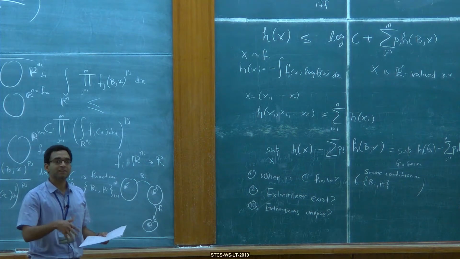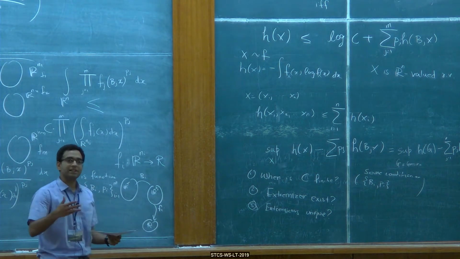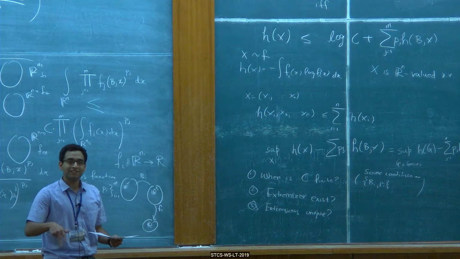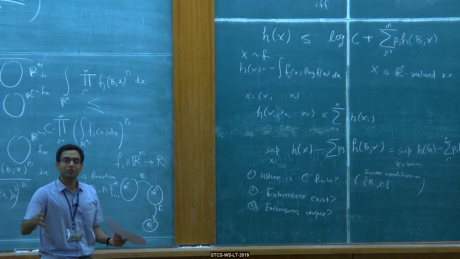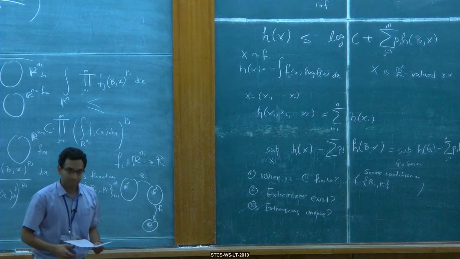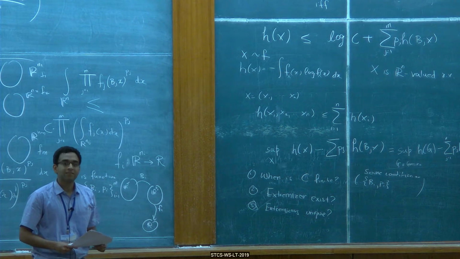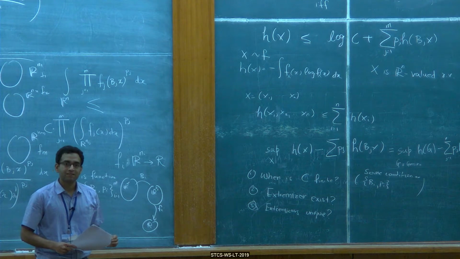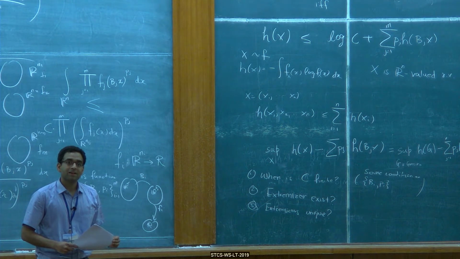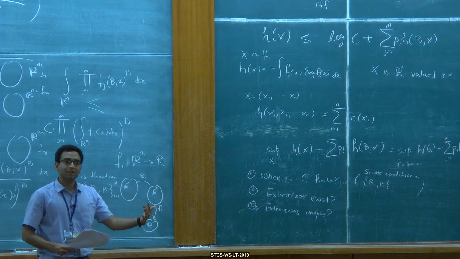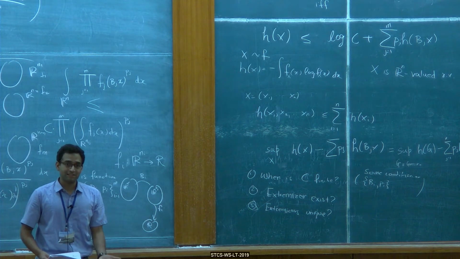So bjx. The notation is that entropy of x, you call it h of f as well. Yes. Exactly. So entropy of a random variable is defined in terms of its density.